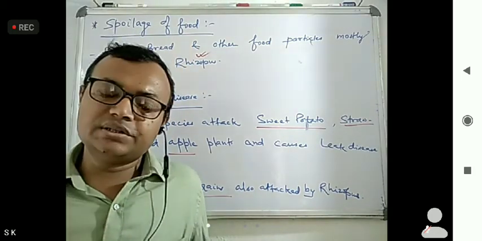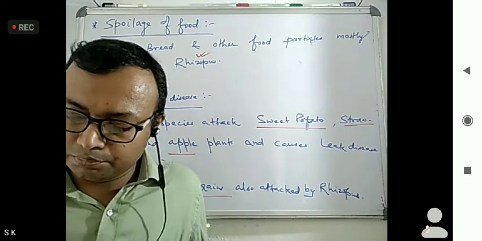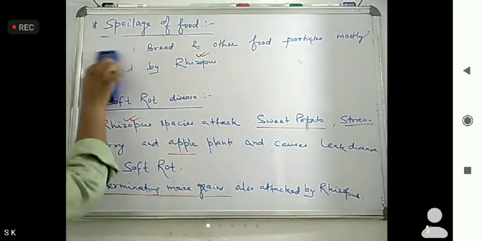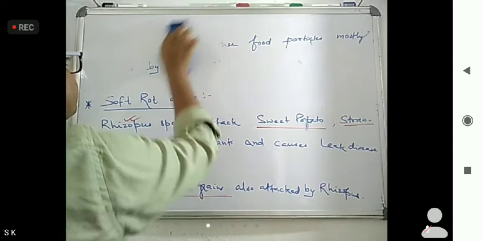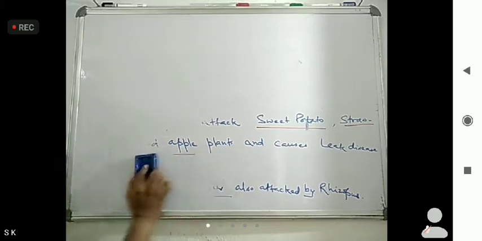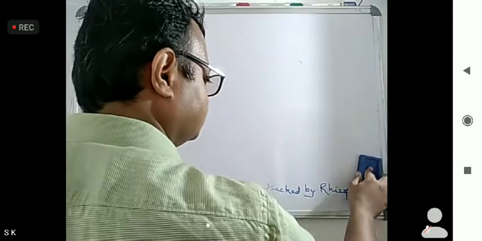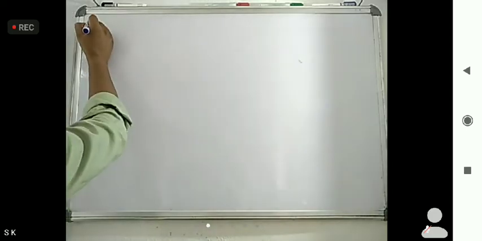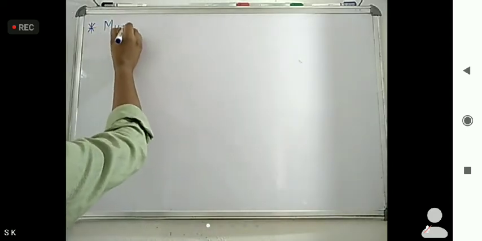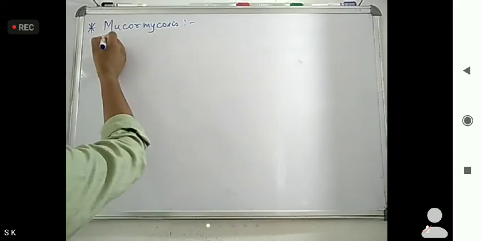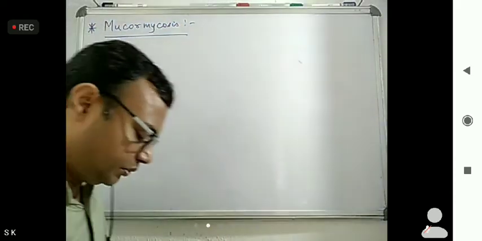Okay. Next, one more disease is there, that is known as mucormycosis, that happens due to mucor. So come on that, mucormycosis. As the term suggests, this happens with the help of what?